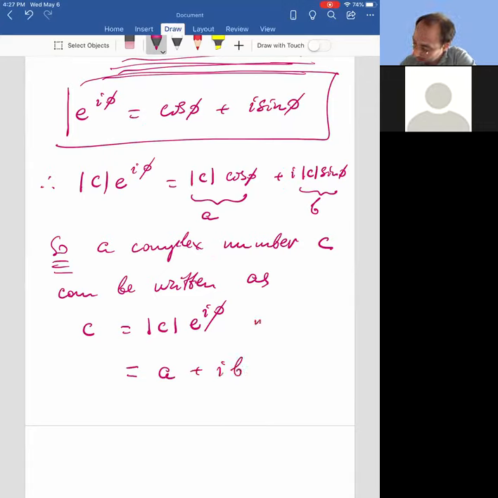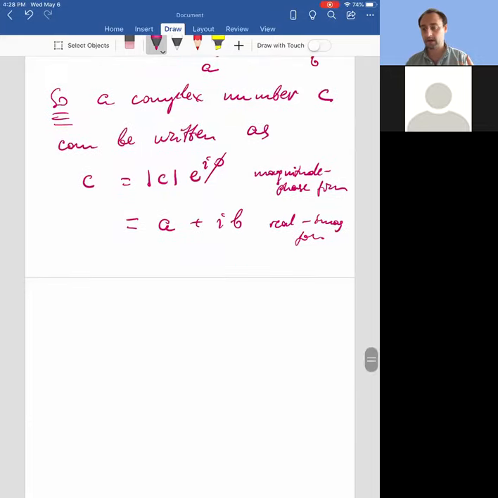So this is the magnitude-phase form, and this is the real-imaginary form. One and the same complex number can be written in both forms.